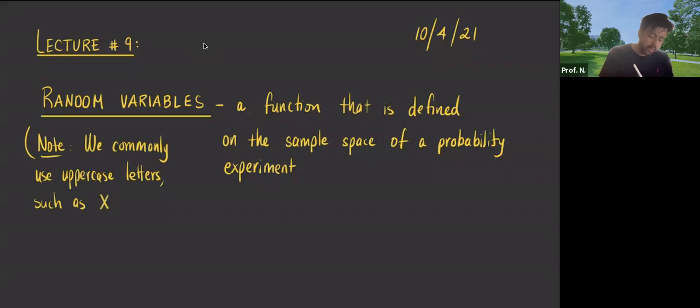And usually it's noted this way: we commonly use uppercase letters such as X to denote random variables.